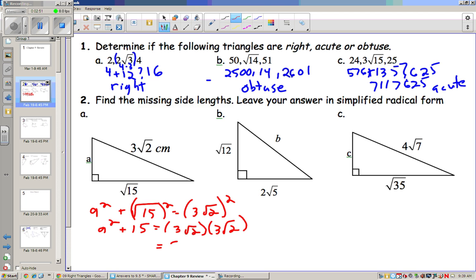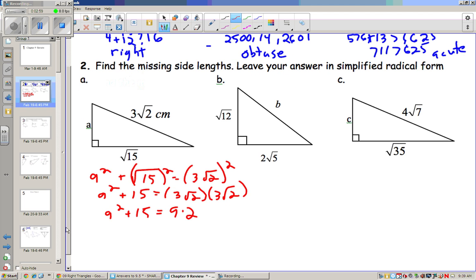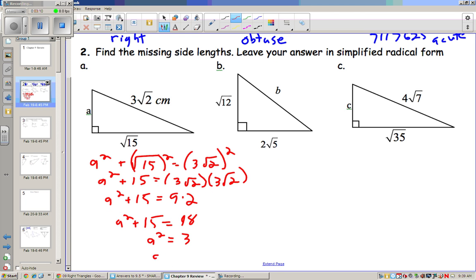So 3 times 3 is 9. Root 2 times root 2 is the square root of 4, which is 2. So a squared plus 15 is equal to 9 times 2, and 9 times 2 is 18. So now we just subtract 15 on both sides, so a squared is equal to 3. Square root both sides, so a is the square root of 3.